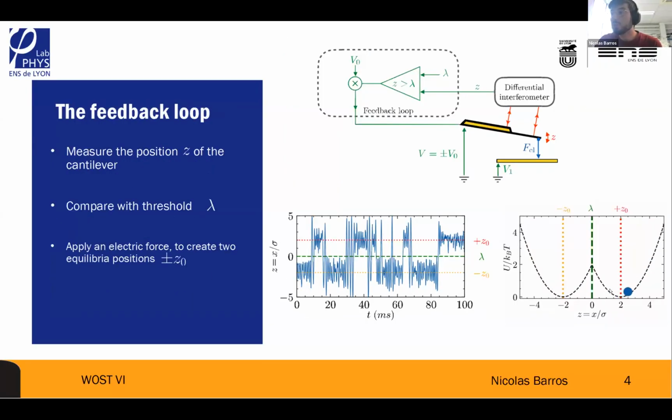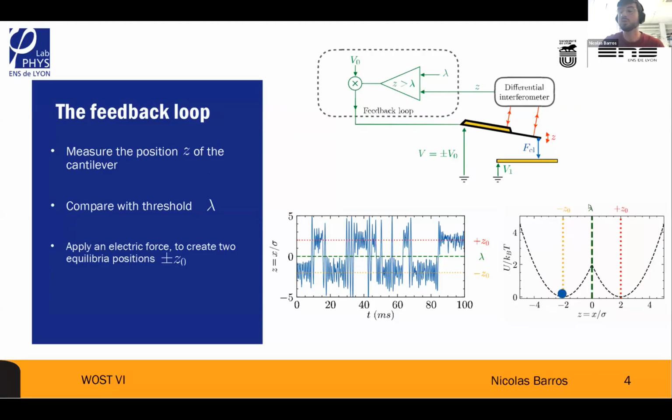The particle evolves between two wells separated by a threshold lambda and centered in minus or plus Z0, which is the center of the two wells, which will stay fixed throughout the study. Now, if we place the threshold lambda at an equal distance between the center of the two wells, the potential is symmetric.